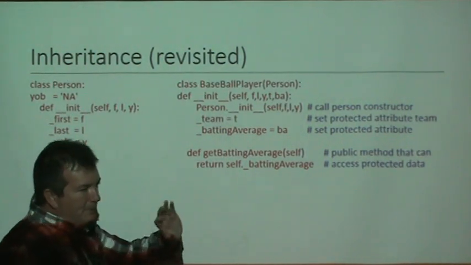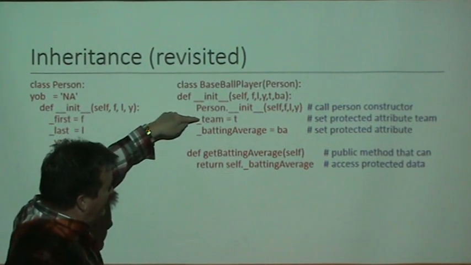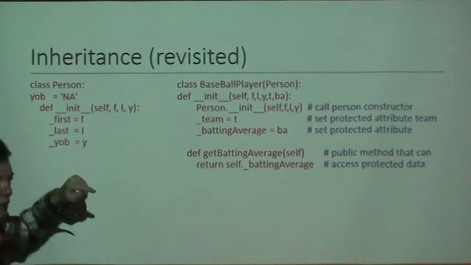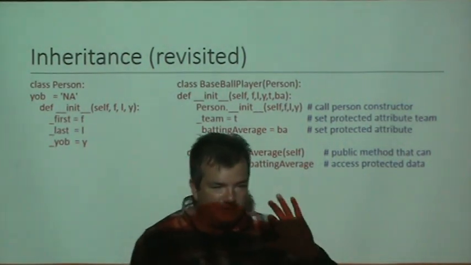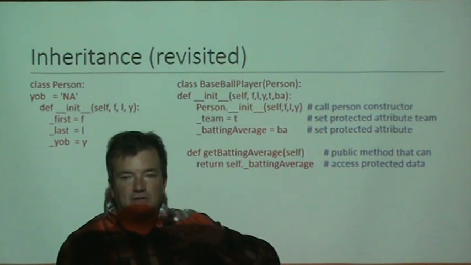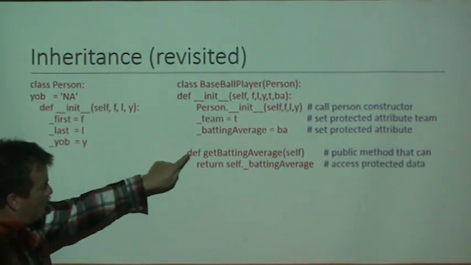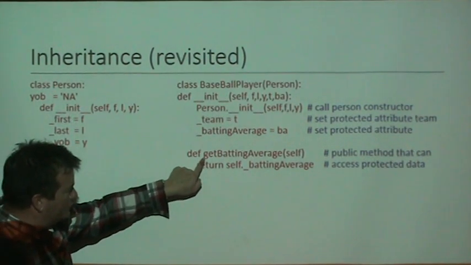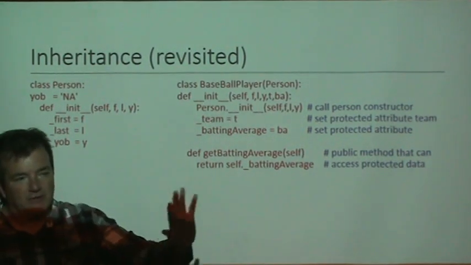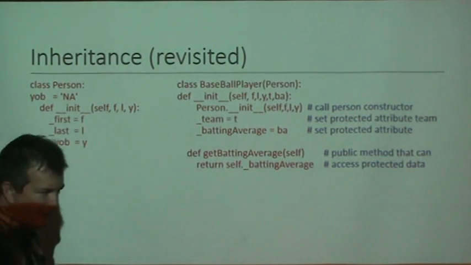What's pretty common but not 100% common is that all your data fields, the team, the batting average, the first name, the last name, the year of birth, we typically protect our data, and then depending on what our users are going to use the data for, we supply them with public methods, and say, you're allowed to do this, you're allowed to do that, but you can't just run around and start changing all our data. Right?